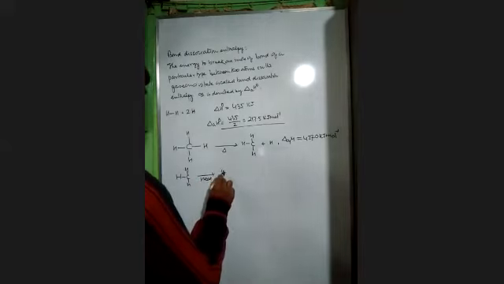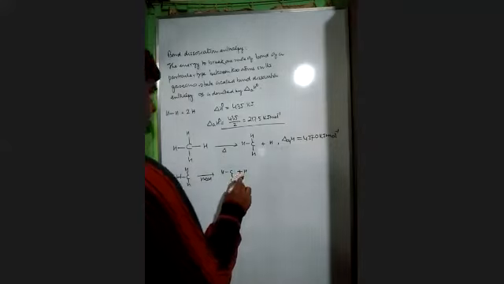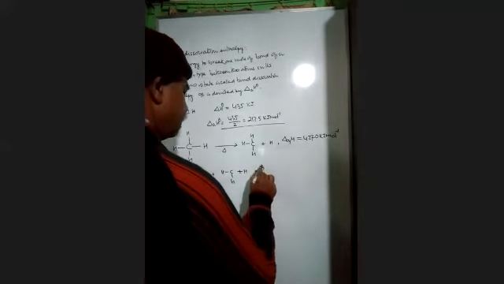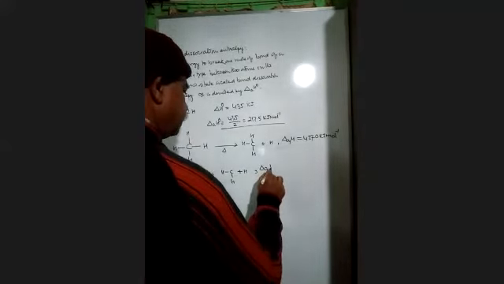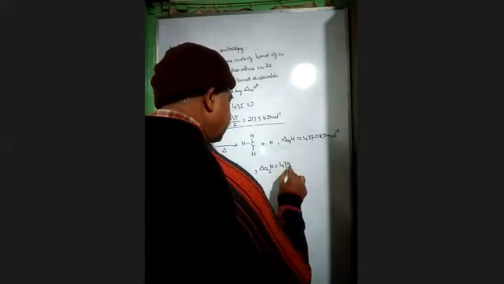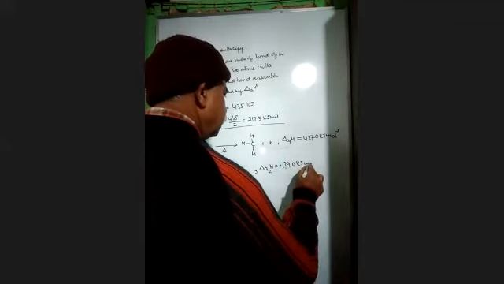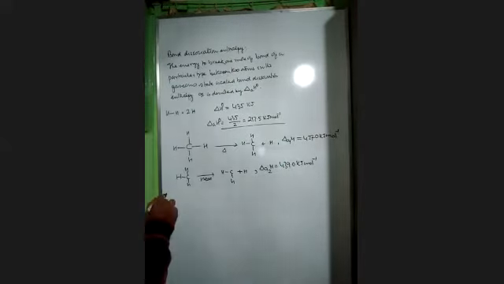Then you will get CH plus H. So here I'll write now delta a2 H, so it is 439 kilojoule per mole.